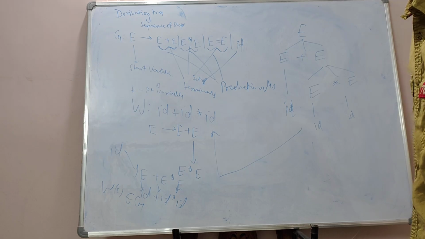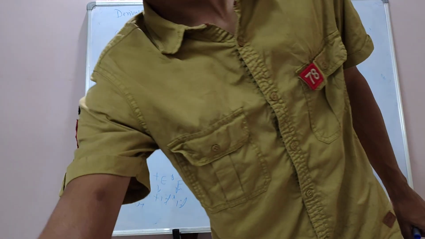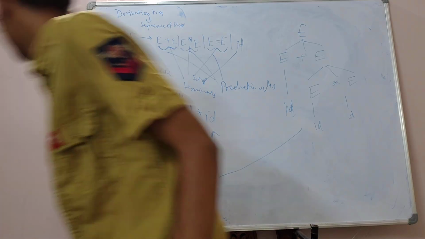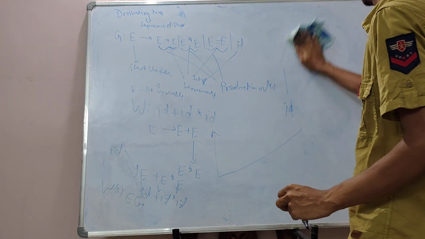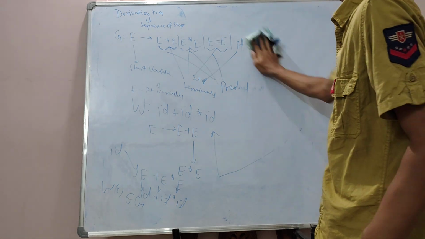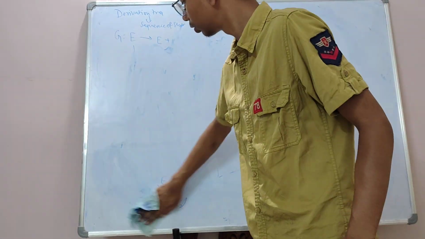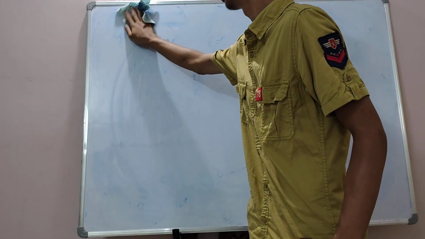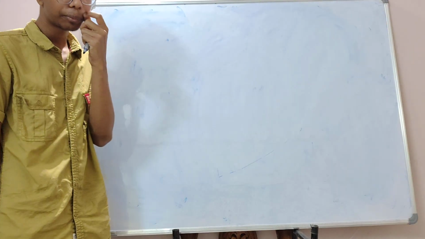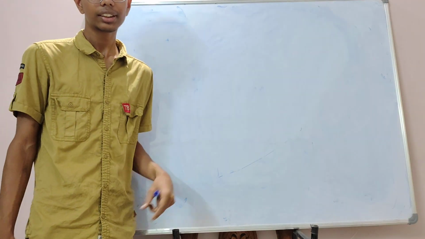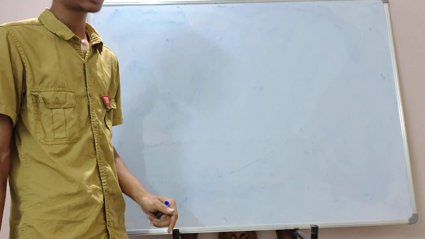And then we will discuss ambiguous and unambiguous grammar. So I am erasing this. Discussing ambiguous and unambiguous grammar: for ambiguous, there exists more than one derivation for a word that belongs to that grammar.